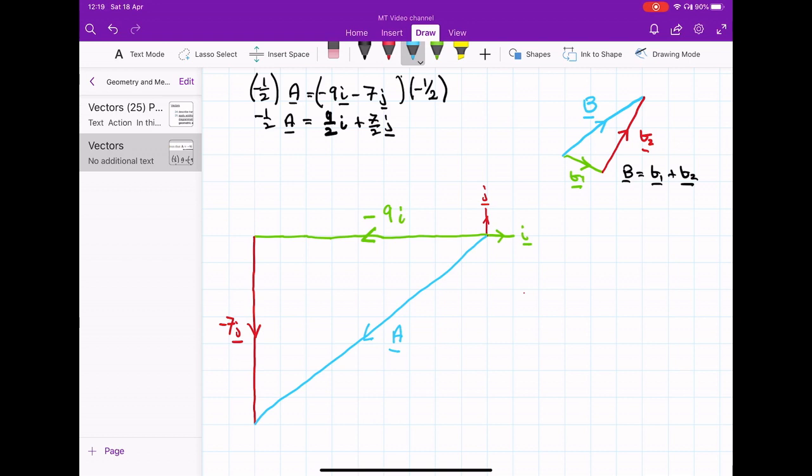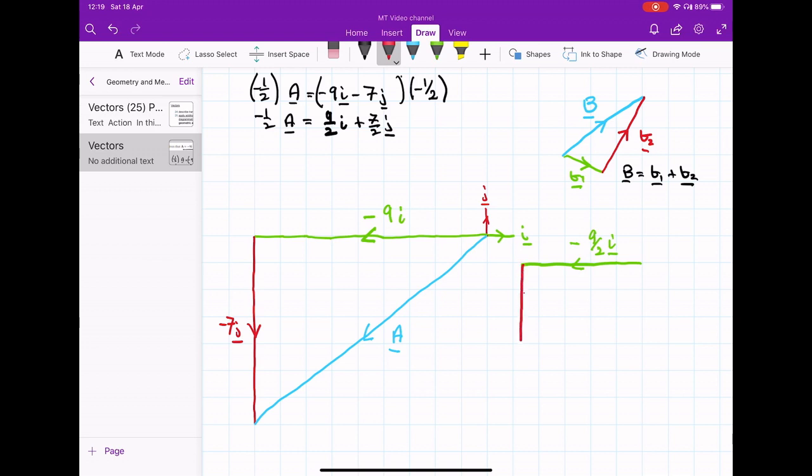Now when we take minus a half a, we do two things. Firstly, we multiply all its components by a half. So we would start off with minus 9 over 2, which is 4 and a half. So that's minus 9 over 2i. And minus 7 over 2, which is 3 and a half, j.